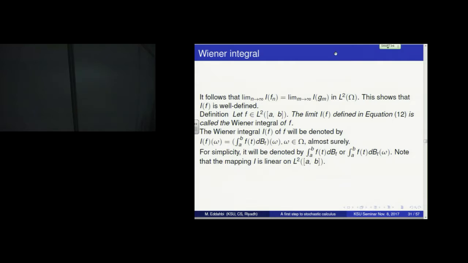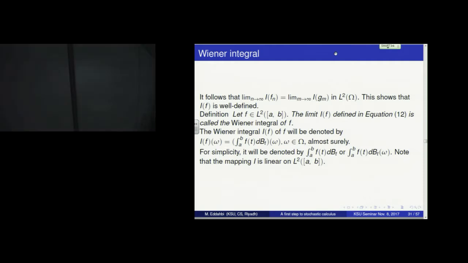But we have to put omega outside. I cannot do it path by path. Let me convince you that this is not possible. I have to take the integral first and then apply the parameter omega.